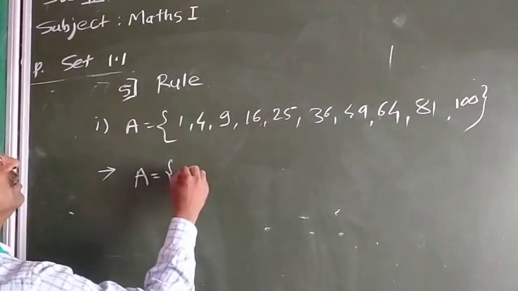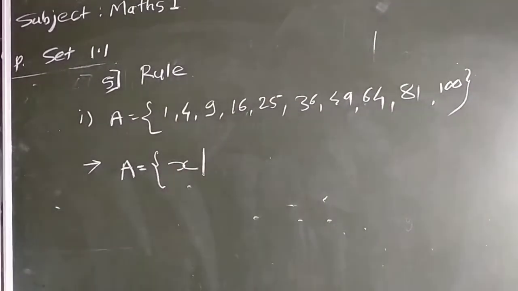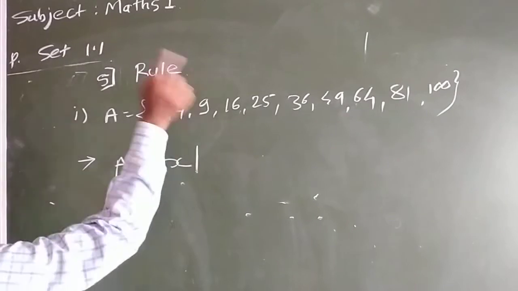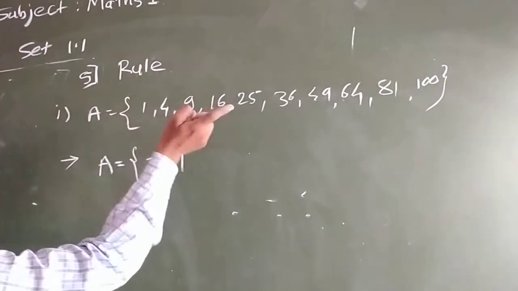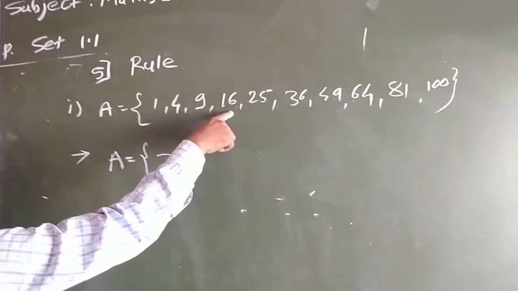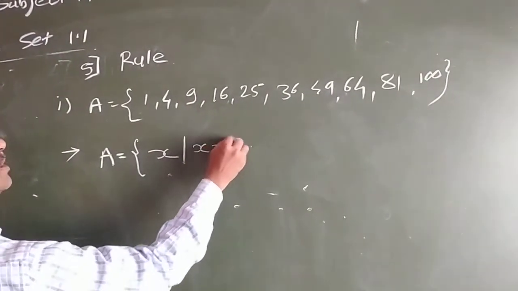Suppose we consider these as x. Then what do we observe here? 1 is the square of 1, 4 is the square of 2, 9 is the square of 3, 16 is the square of 4. Means x is equal to what? n square.